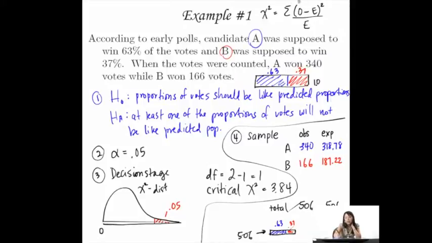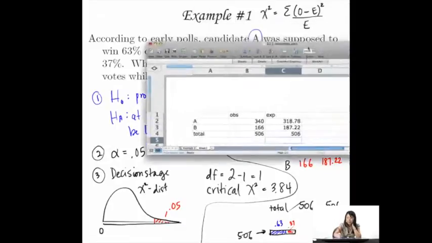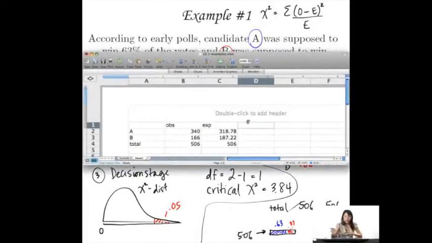And so what I'm going to do is calculate this for each category, A and B, and then add them up. So right here, I'm going to call this column O minus E squared all over E. So I'm going to do that for A and B, and then sum them up.